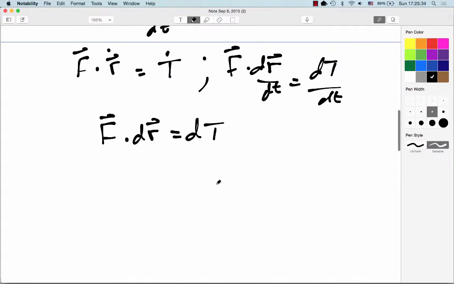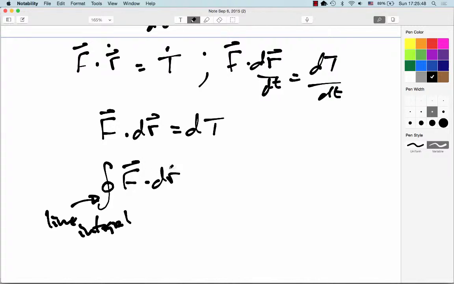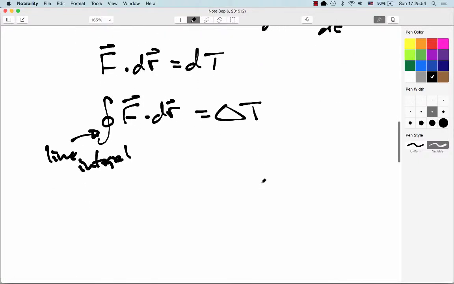So we get our change in kinetic energy by integrating, and this is a line integral, or a path integral. F dotted with dr will equal the change in the kinetic energy of the system.